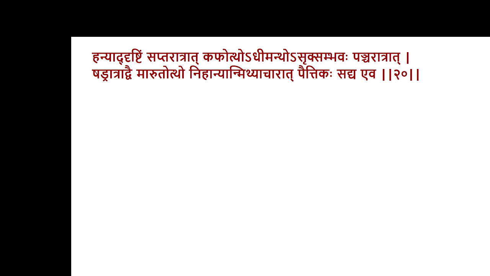The complications of the Adhimantha are Hanya Drustim Sattaraprat, Kafokto Adhimanto Asruk Sambhava Panjaratrat, Shadratrat Vai Martotha, Nihanyat Mithyatarat Paitikas. The vision would be affected due to the Adhimantha, that endophthalmitis can harm the vision. But the time taken differs.